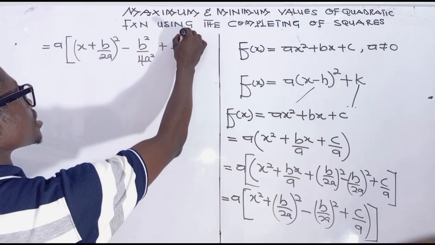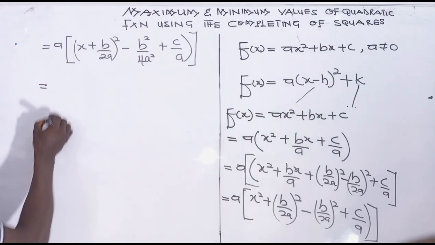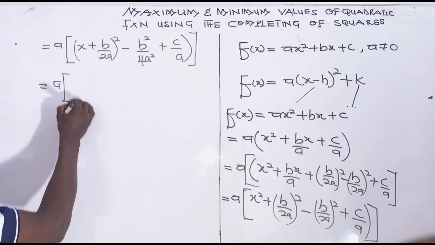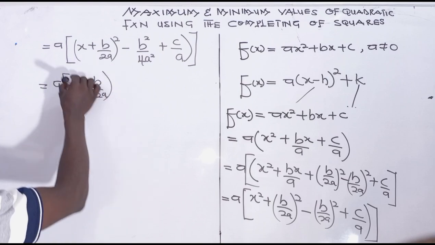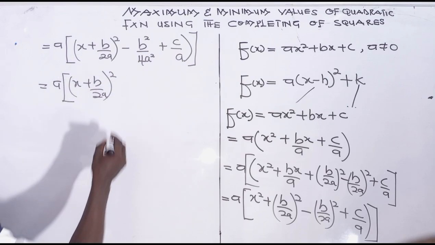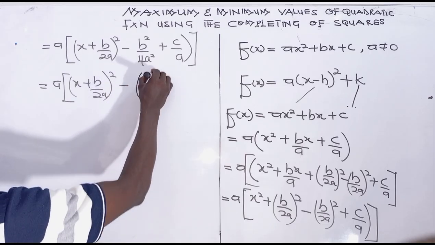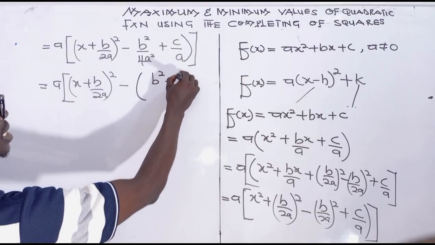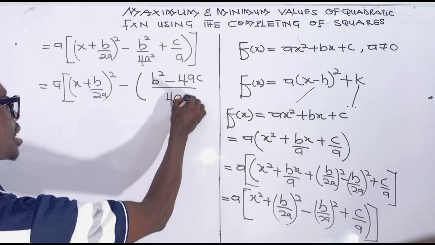A. So when you simplify this, you are going to get minus b squared minus 4ac all over what? 4a squared.